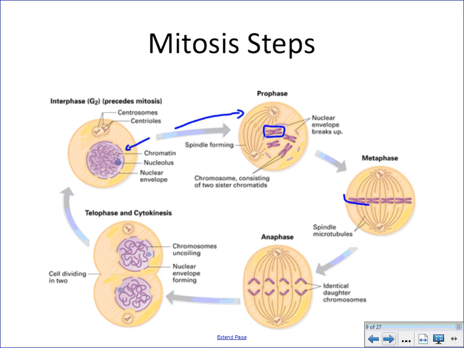Those chromosomes line up in the middle of the cell, and then those chromosomes get split. Once those chromosomes have moved to opposite poles of the cell, then you get reformation of the nuclear membrane, and you get formation of the cleavage furrow. So you get separation of those two cells.